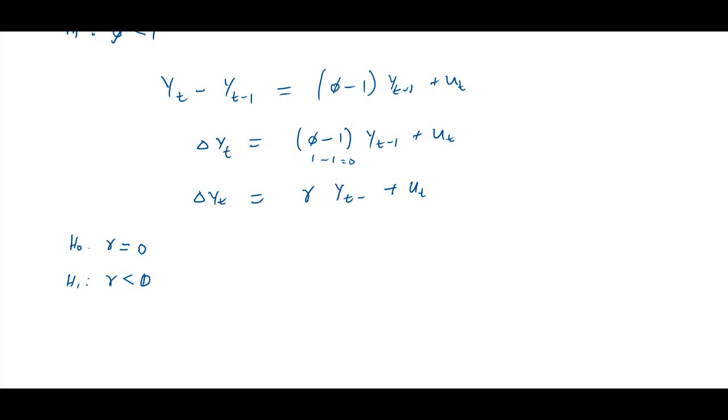Then Dickey-Fuller in 1979 also proposed two alternative regression equations that can be used for testing the presence of unit root.